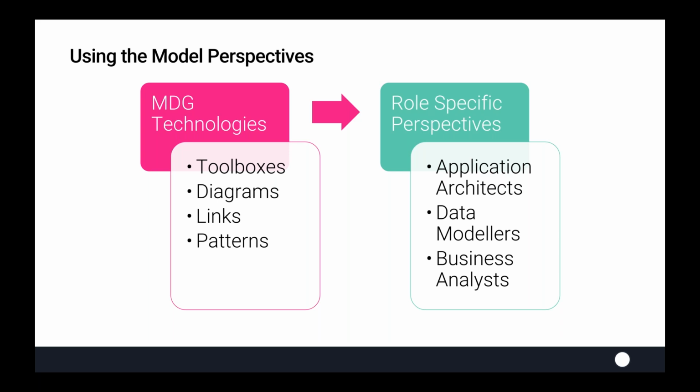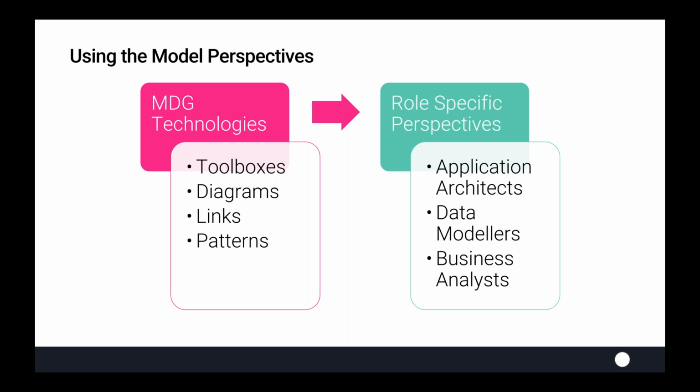We are also looking at giving them patterns and templates that are essential for them to get started. So it's all about letting people get started in the most seamless way. And the second objective of this model perspective is to have role-specific views.